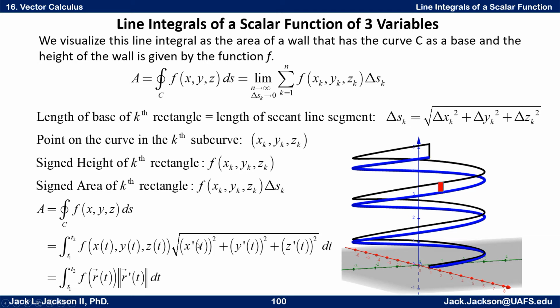That's the ds. Now another way to see this is to take advantage of our vector notation to condense the notation a little bit. x(t), y(t), z(t) is another way of saying just r vector of t, which essentially gives us that point, so we can just say f of that vector, and then the ds is just the norm of r prime times dt, and of course we're integrating that from our initial t to our final t.